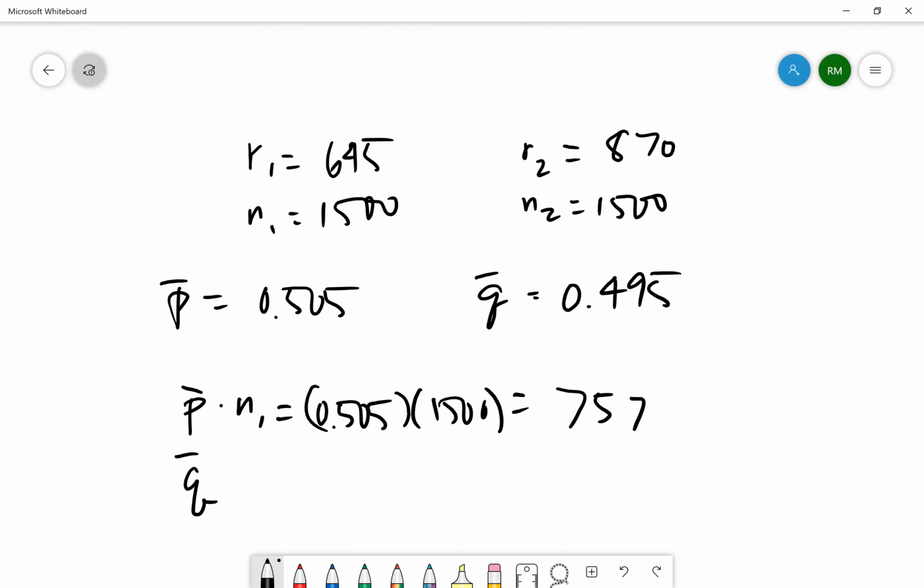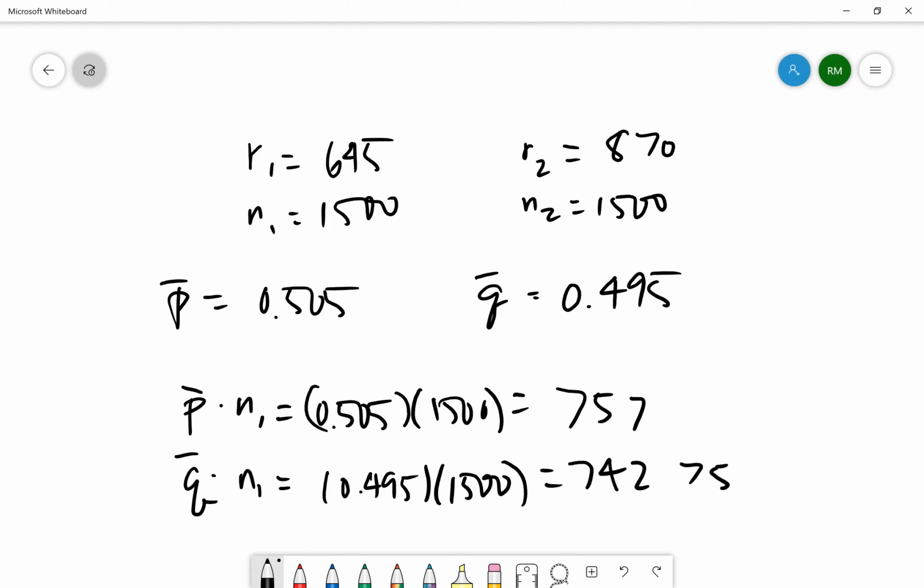And Q bar times N1 is 0.495 times 1500. And that will come out to be roughly about 742, and we see that these are both bigger than 5.